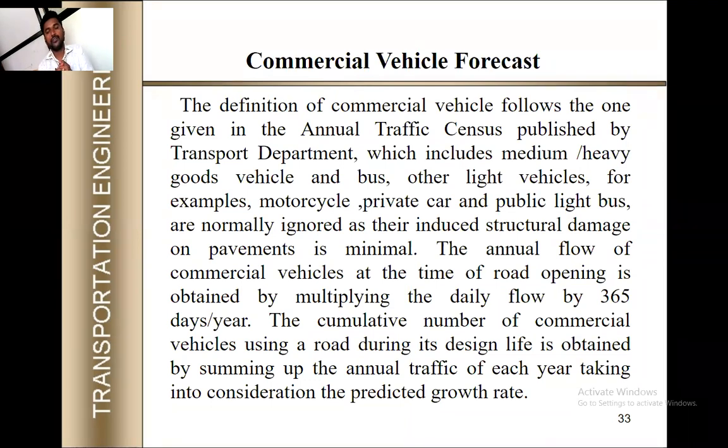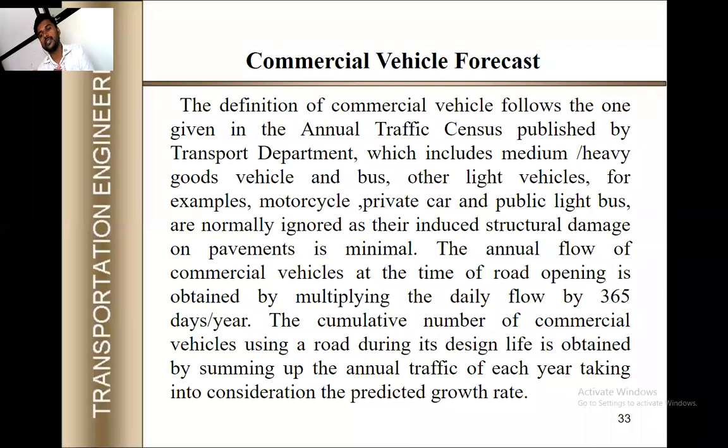If we give time-to-time maintenance, then ultimately the service life will be achieved automatically. So the most important thing is what? We should give proper maintenance service to the road so as to achieve its service life.